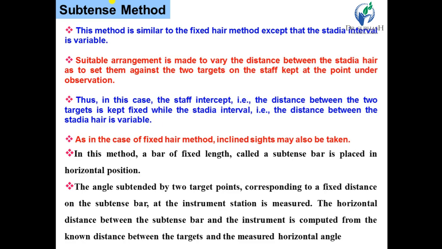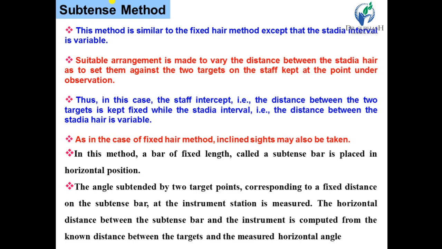In this case, the staff interval, the distance between the two targets, is kept fixed, while the stadia interval, the distance between the stadia hairs, is variable. As in the case of the fixed hair method, inclined sights may also be taken.